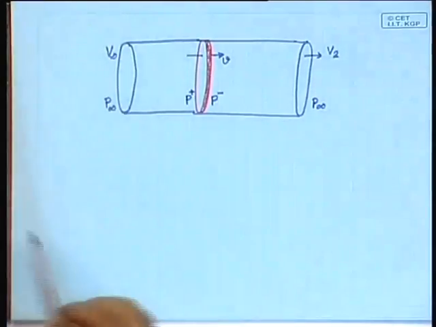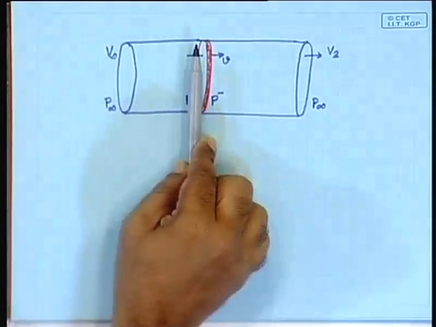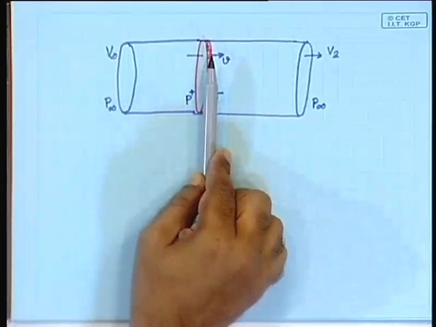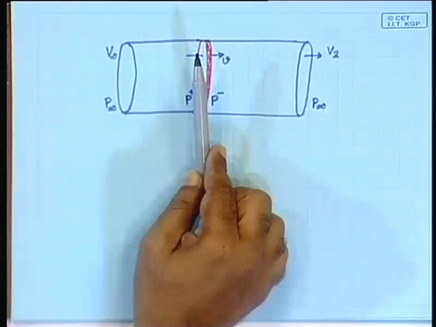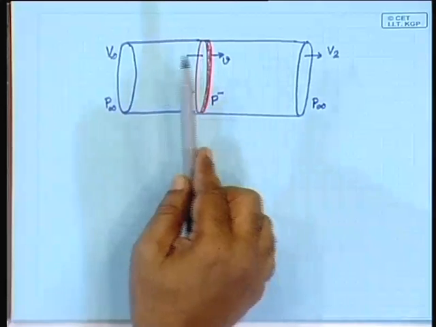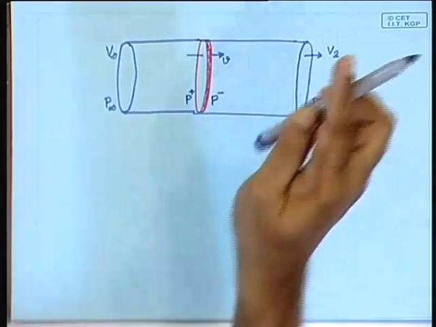Now, so far as the wind has proceeded to the point just before this converter, we can apply Bernoulli's principle. If we apply it, what do you get? You write down the equation.